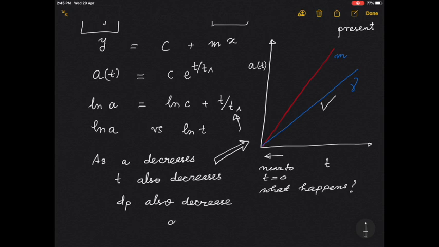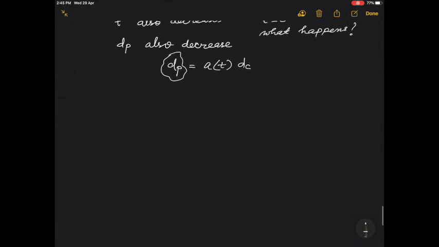That also has to decrease, because you remember that the proper length is a times the comoving length or comoving distance. So now the proper distance also decreases. There will be a time in the past of the universe that this proper distance is extremely small. How small? It's at the atomic scale or even smaller.